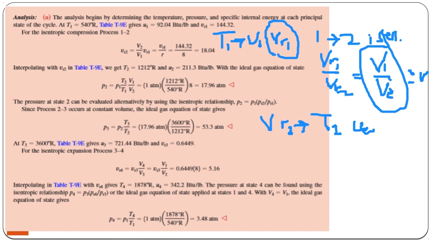So from table also, we can use the ideal gas law for calculating the pressure, because according to the ideal gas equation, we have P1 V1 is equal to mRT1, and also we have P2 V2. m does not change, it's a closed system.